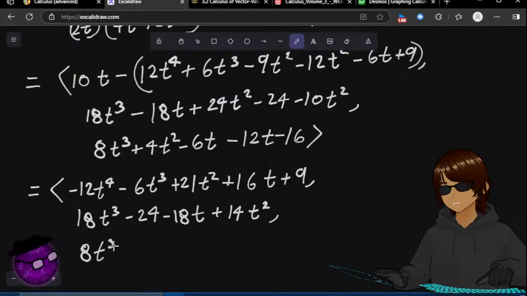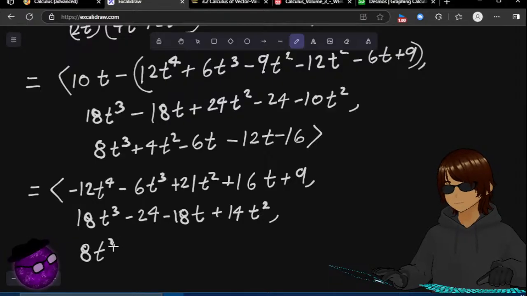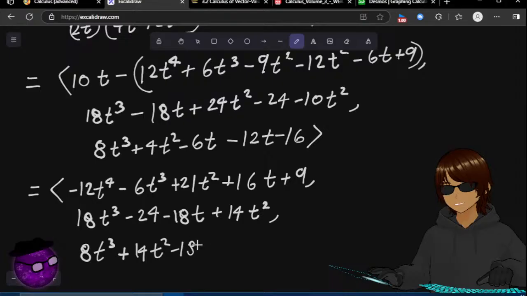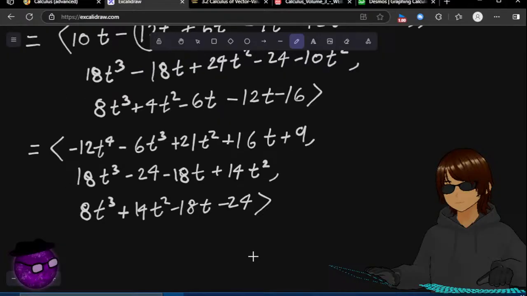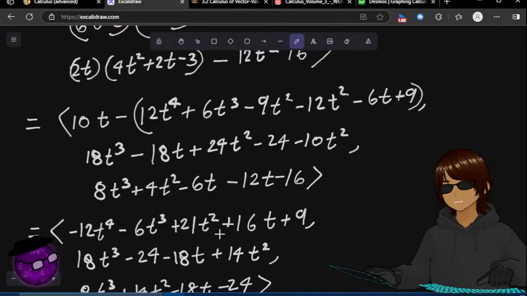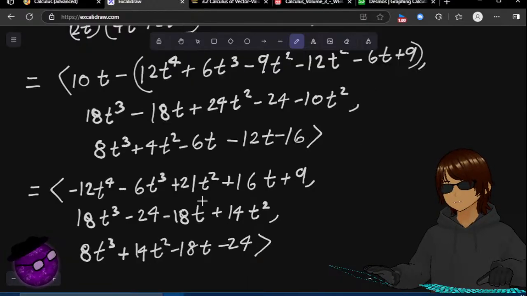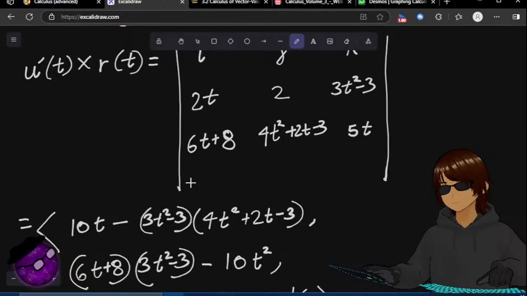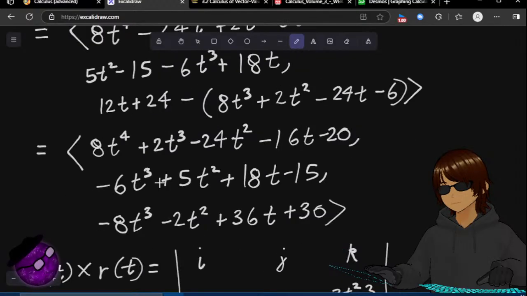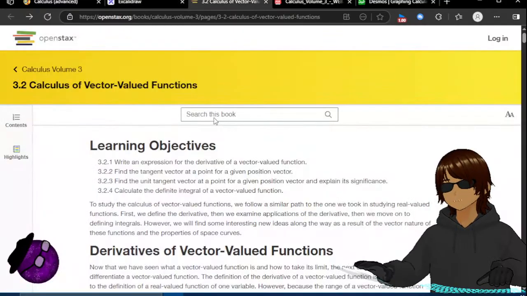Eighteen t cubed minus, let's just do it, 14t square minus 18t minus 24. And then the last step is to add them, right? Component wise. Okay, let's just see what the final answer is.